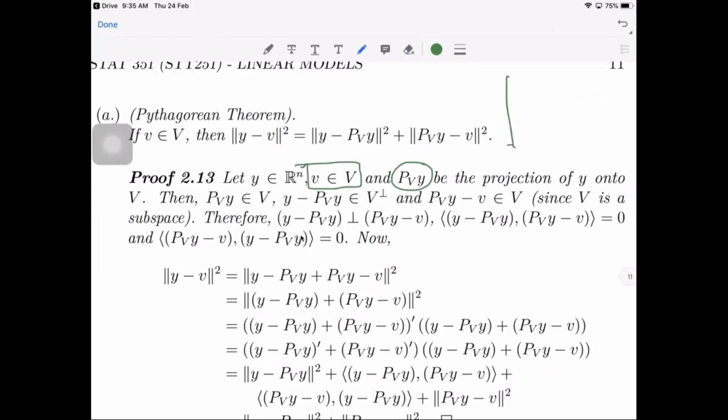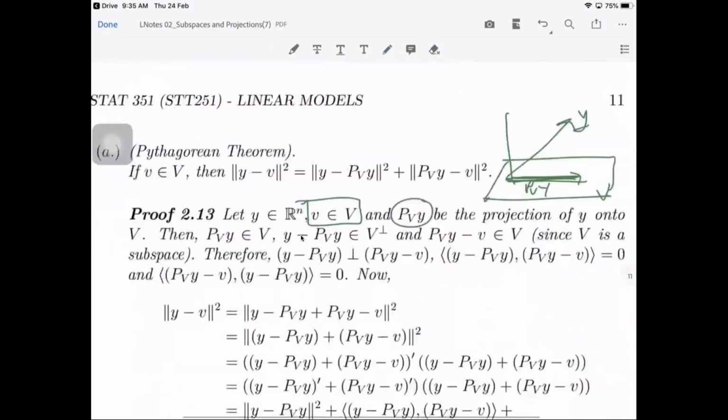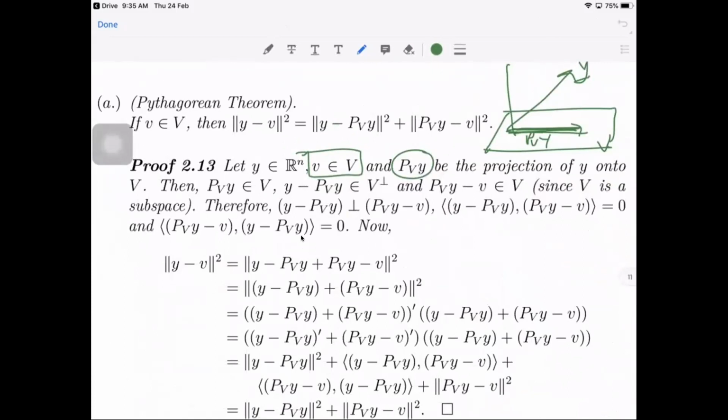So kung imo nang i-drawing, kung naani si Y, mao ni imong subspace na V, na kay projection din, pero another vector diha. Natawag nato V. Not necessarily the projection.